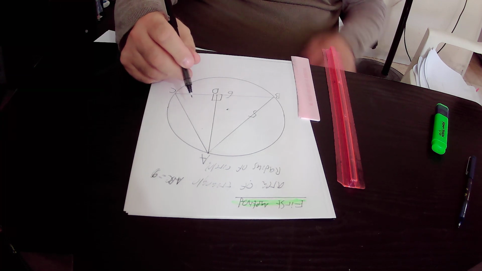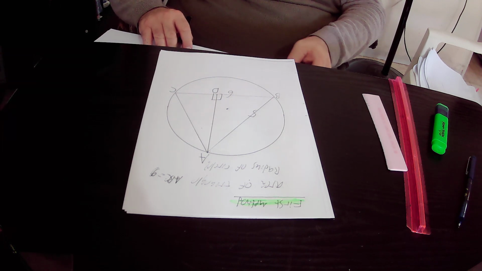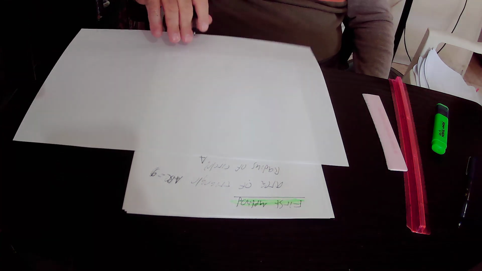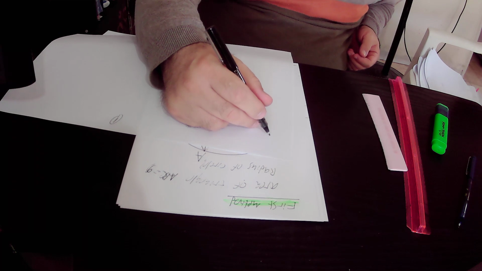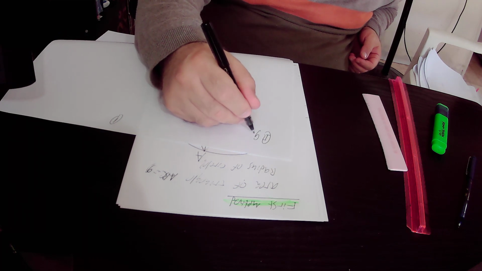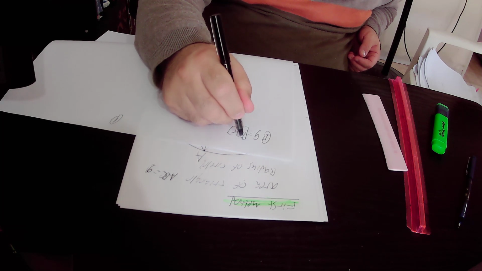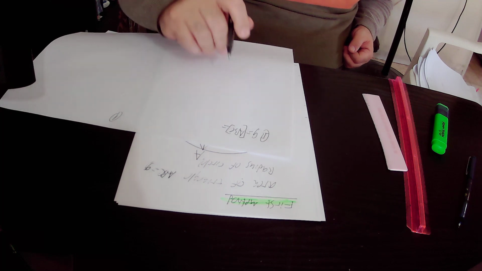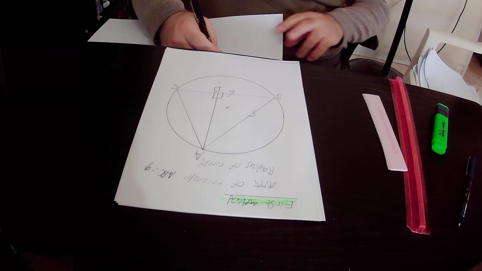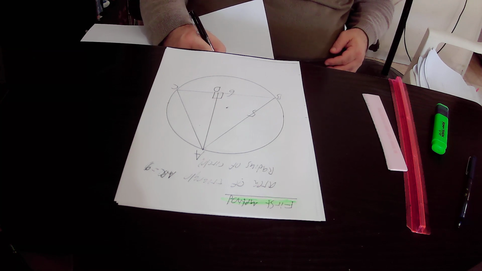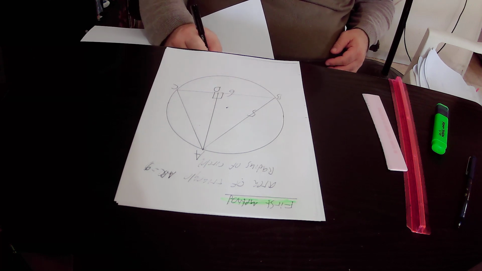So actually note that the area of triangle ABC equals 9 square units. So I can write down here that the area of triangle ABC equals 9 units, but the area of triangle ABC equals the base of the triangle, that is BC, times the height to the base, that is AD, over 2.